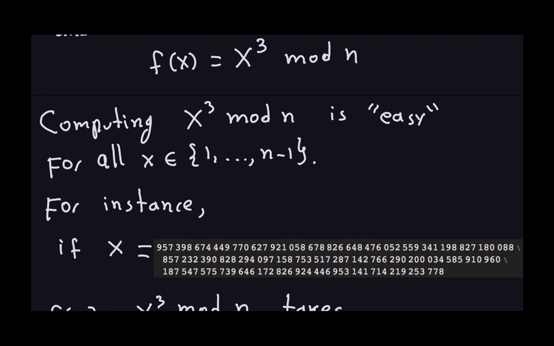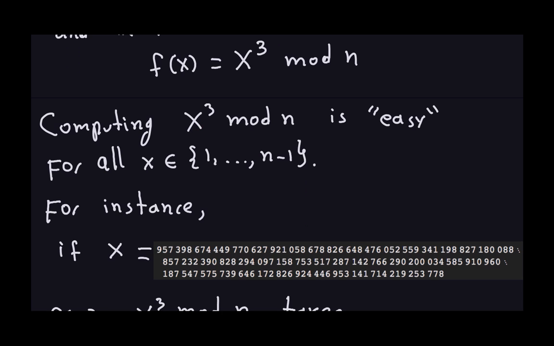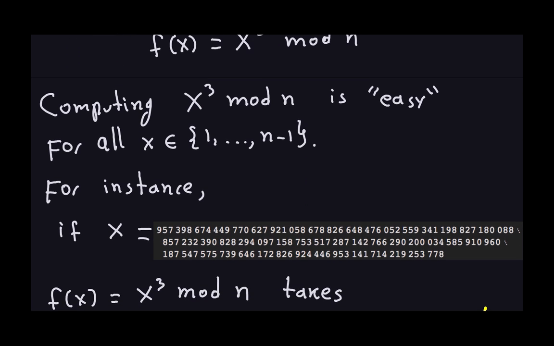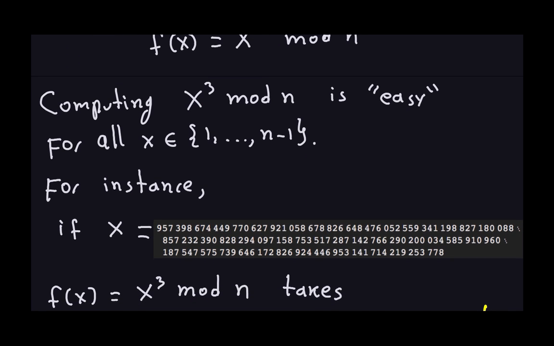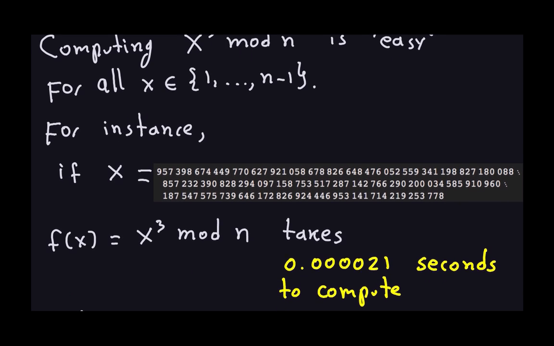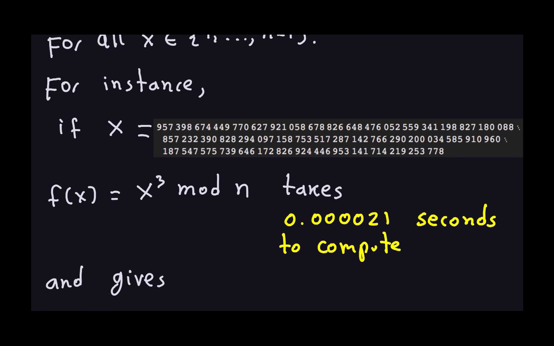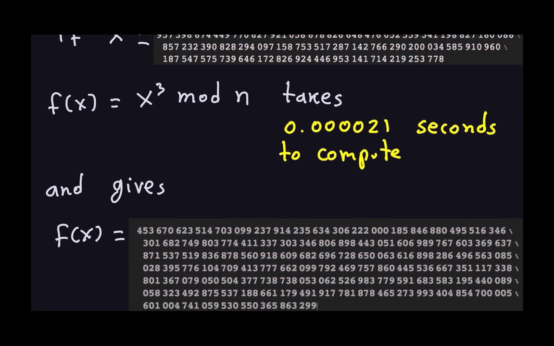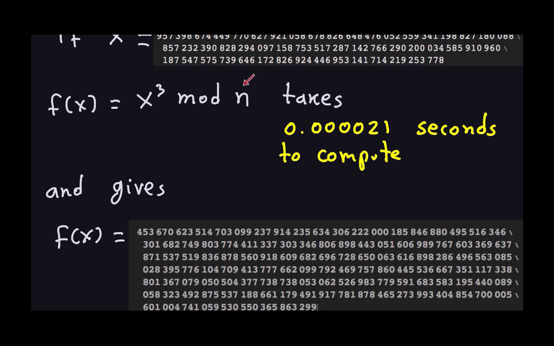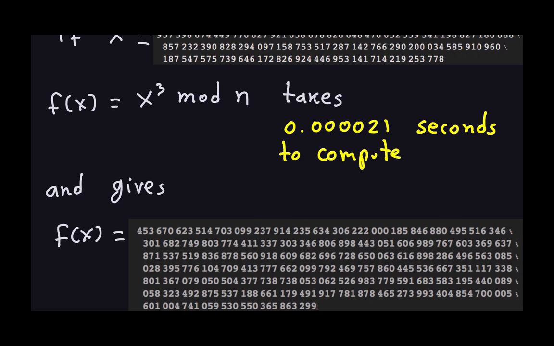So if I choose a number x here, which is also kind of big, and I compute this on the computer, it takes 0.000021 seconds to compute. So you see, this doesn't take too much time, and it gives me this answer. That would be the f of x for that n that I showed you and the x that is right here.